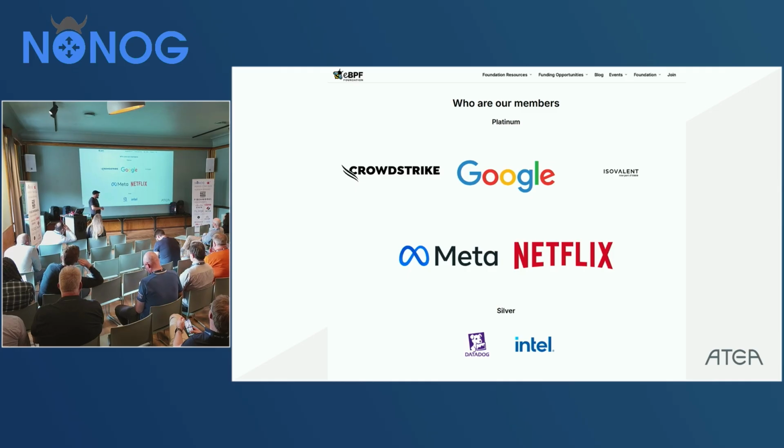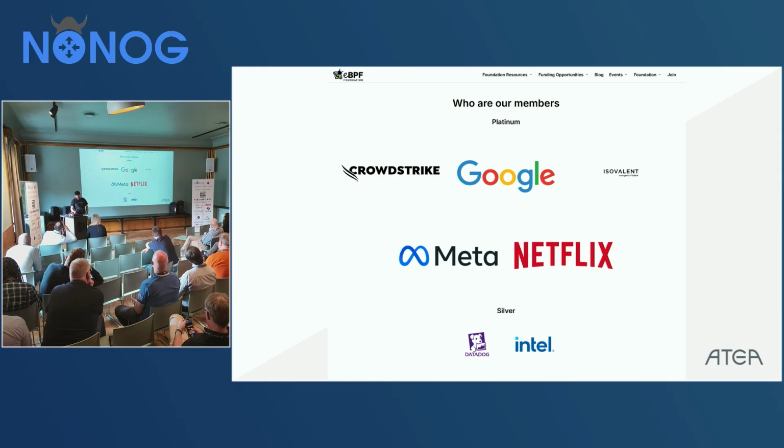eBPF itself has a lot of strong members, and it's very well maintained. So it's not something that's going to fall down when one person doesn't have the capacity to maintain it anymore. It has strong contributions from a lot of strong contributors.